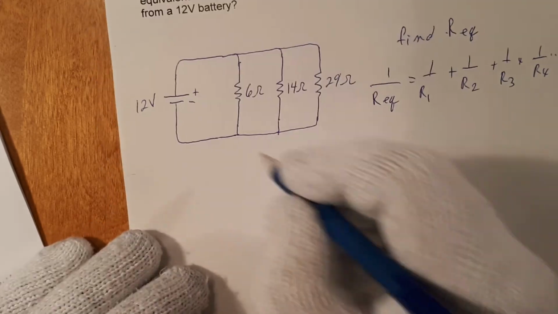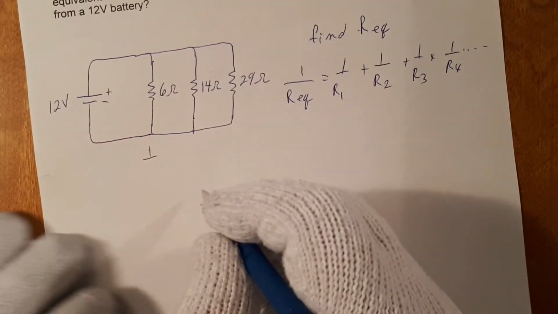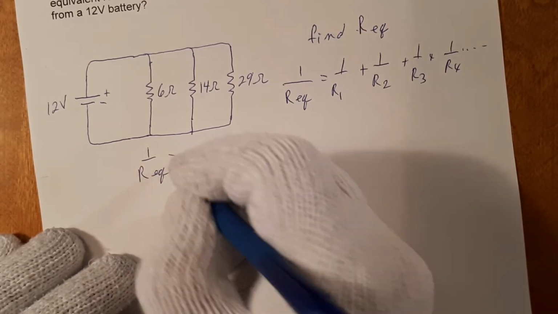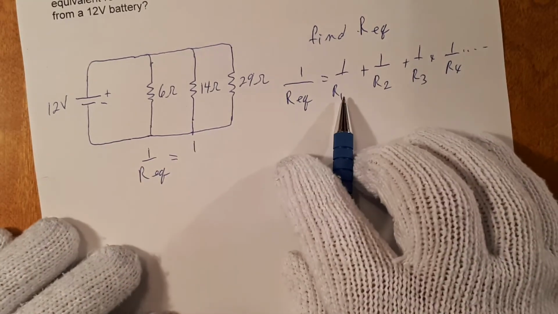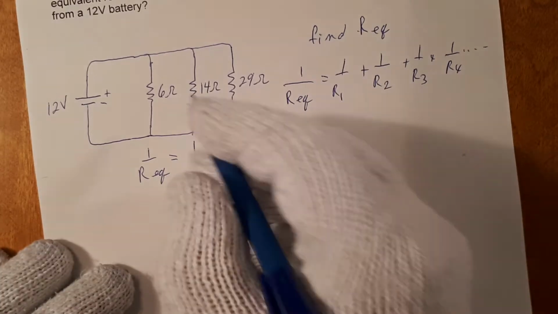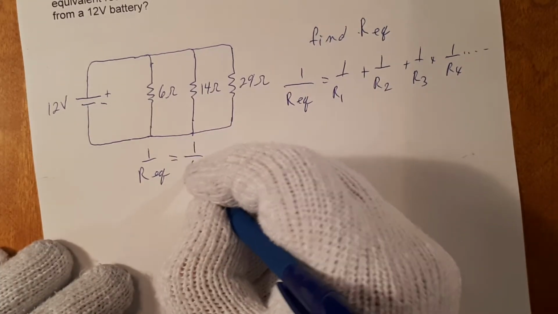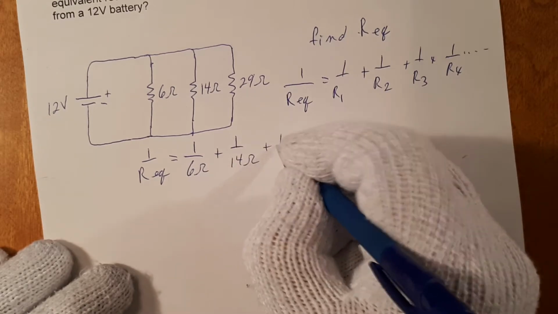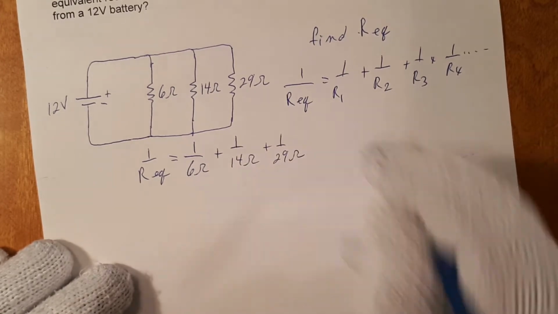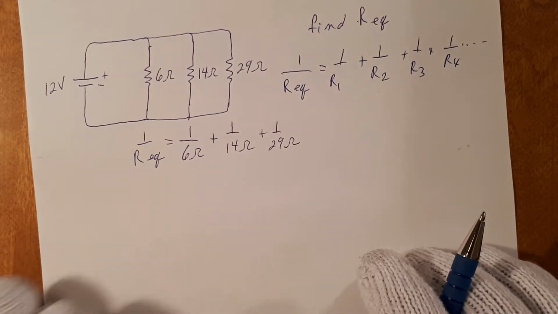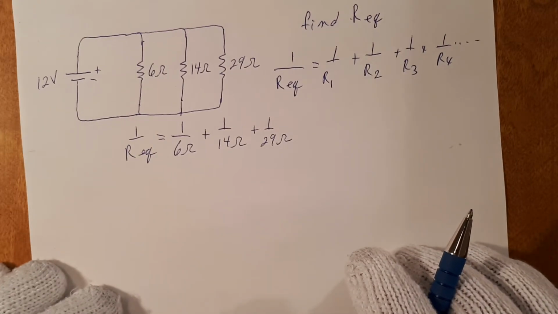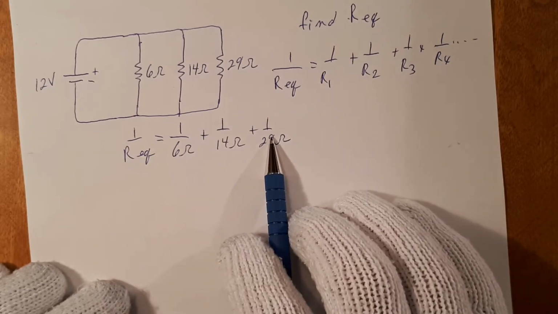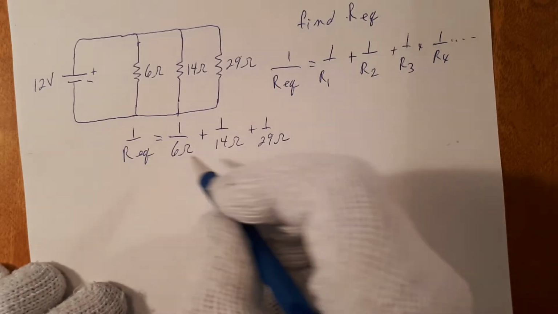Putting in the numbers now. 1 divided by the equivalent resistance is equal to 1 divided by the first resistance, which is 6 ohms, plus 1 over 14 ohms, plus 1 over 29 ohms. Now we can change these into decimal forms. We'll go ahead and do that in our calculators.